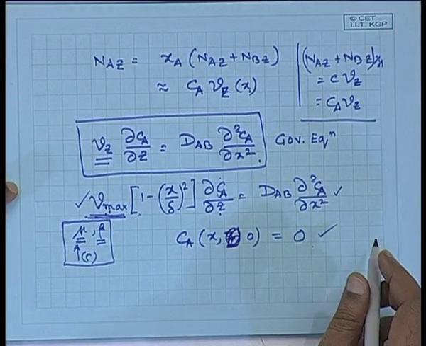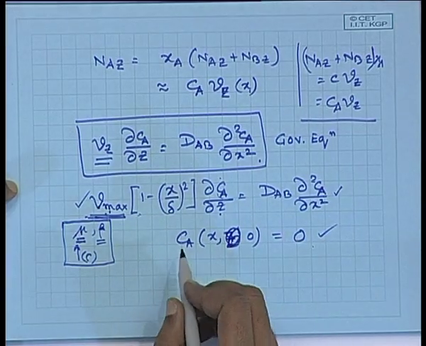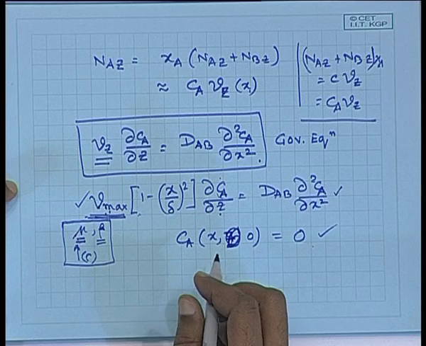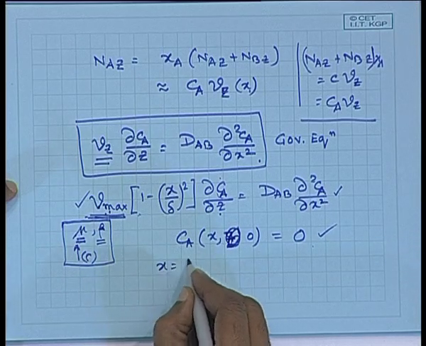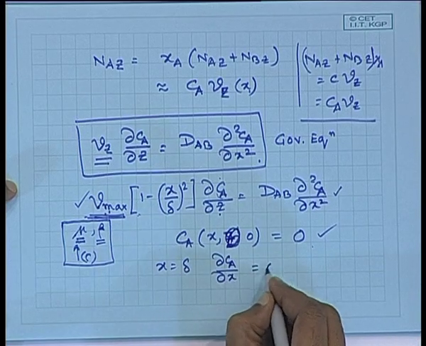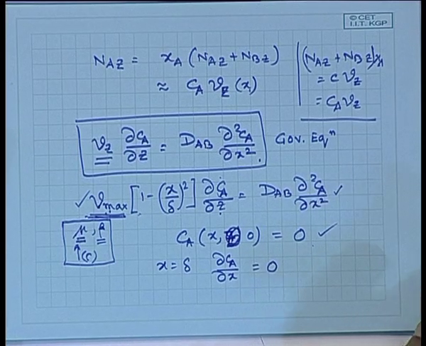And what are the two conditions that we can put on X? At X equal to delta, del C A del X is going to be equal to 0. Do you agree with that? What does this say about the wall?